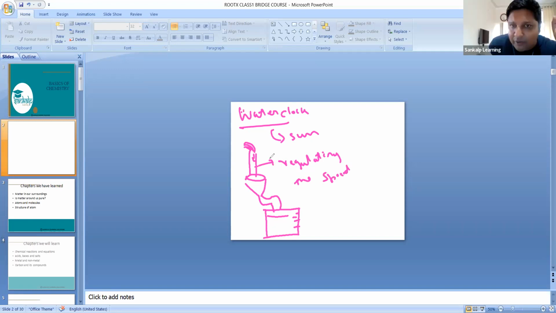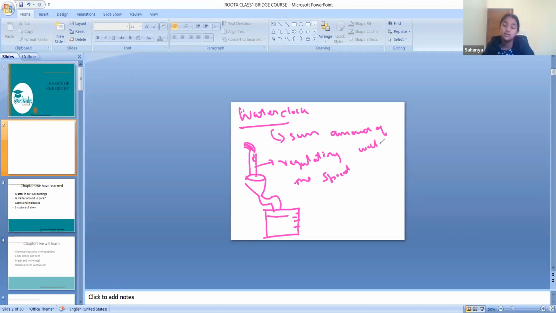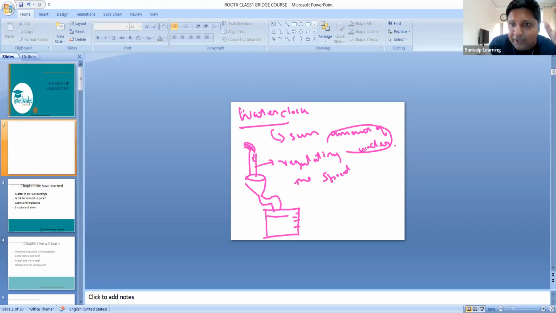The amount of water is fixed here, and they regulate the speed of the flow of water. That amount of water takes some interval to start from here and reach this container.